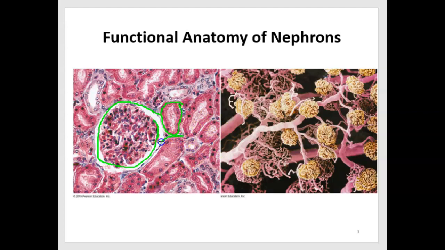And notice most of them are simple cuboidal epithelium. Then the picture on the right shows several glomeruli capillaries, and in some cases you can actually see the afferent arteriole going to it and the efferent arteriole leaving the glomerular capsule, or the glomerular capillaries.